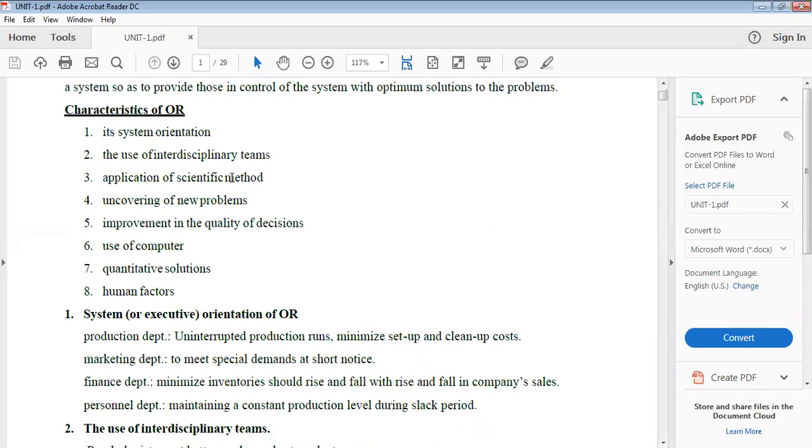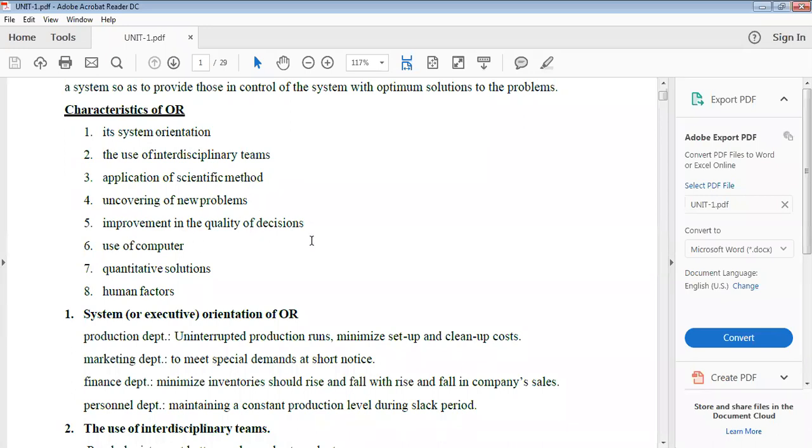Uncovering of the new problems: while applying operations research, some problems are going to be uncovered. Those problems are to be dealt with separately, or else you have to find the best solution within the available resources within the factory.